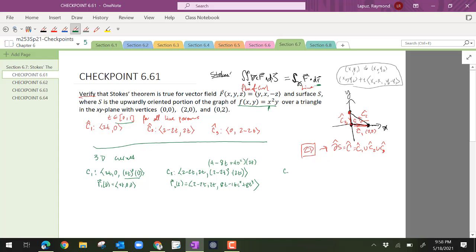All right, C3. This third one is going to be a 0 for the x, a 2 minus 2t for the y. And so when we put that into the function, 0 for the x, and it doesn't matter what happens next because the whole thing is going to be 0. So your R3 of t will be 0, 2 minus 2t, and 0.